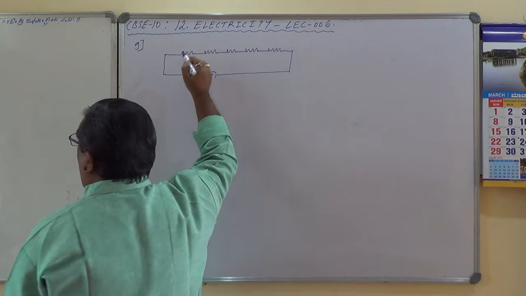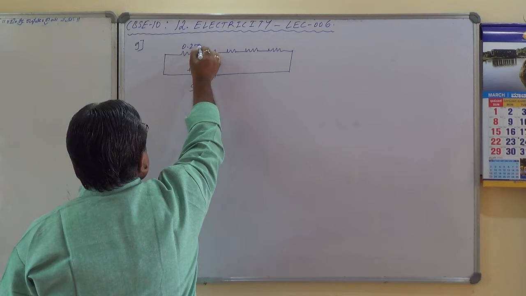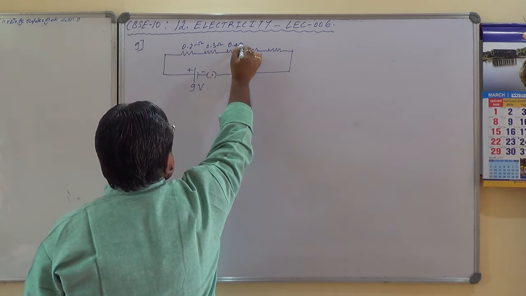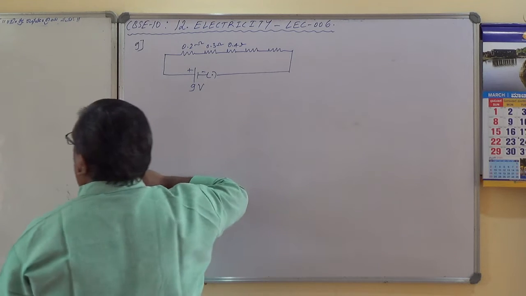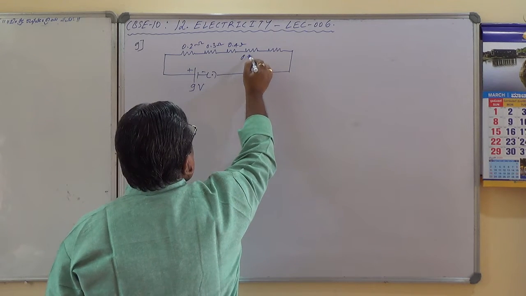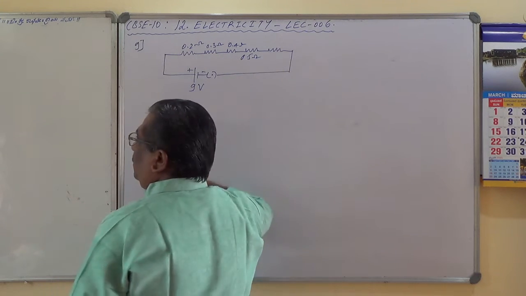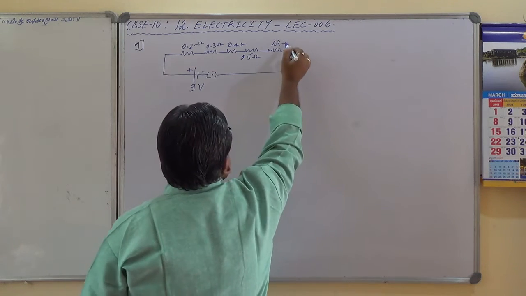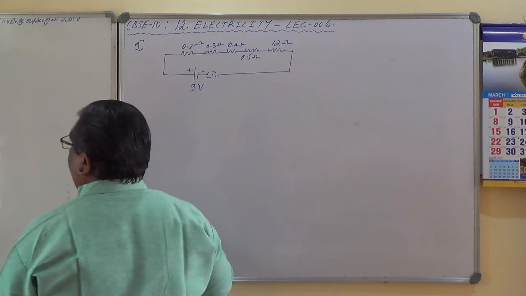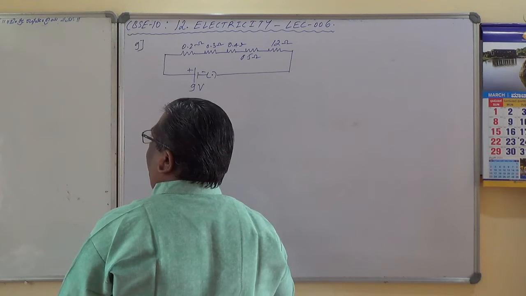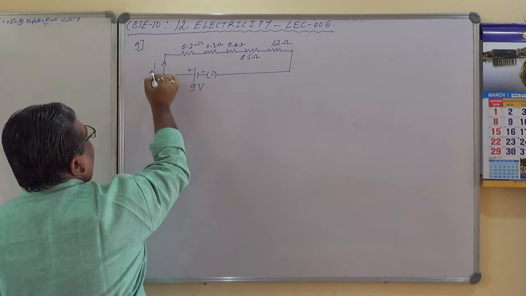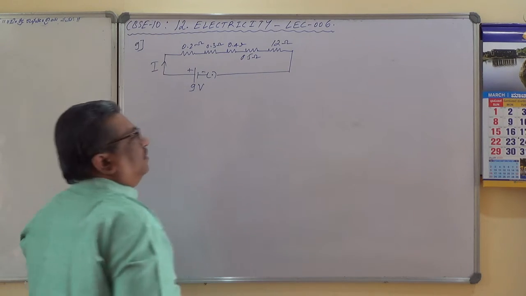And this is 0.2 ohm, 0.3 ohm, 0.4 ohm and 0.5 ohm, and this is 12 ohm. How much current would flow through 12 ohm resistor? The question is, what is the current that flows through the 12 ohm resistor?